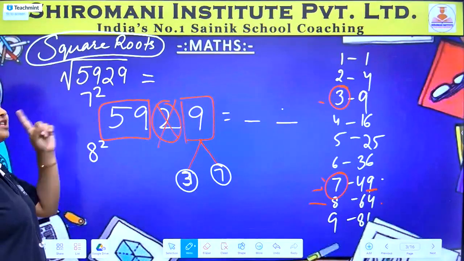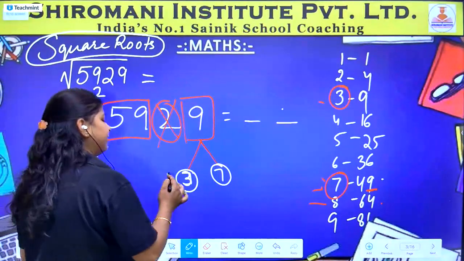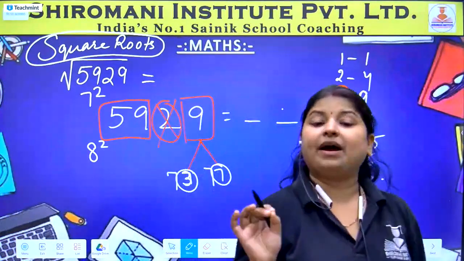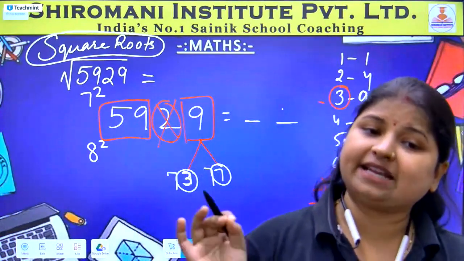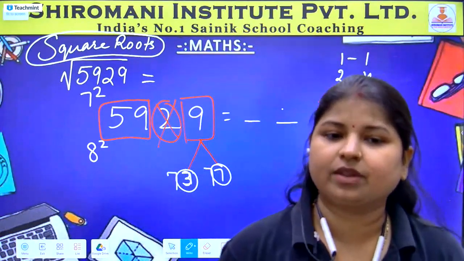Now, which one is less, 7 or 8? 7 is less. I will write my answer as 73 or 77.